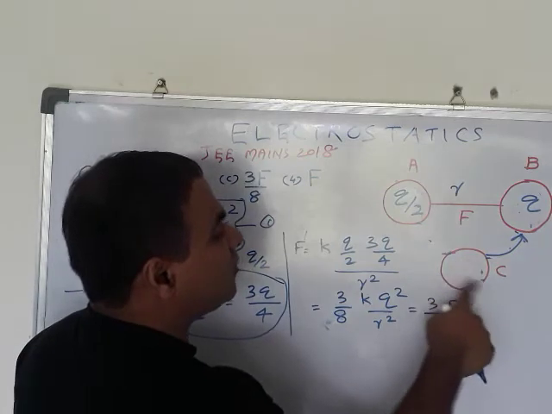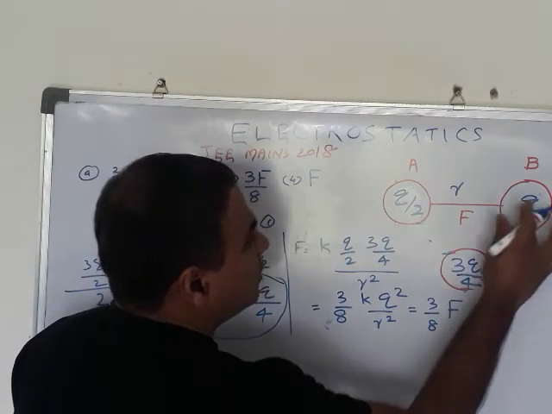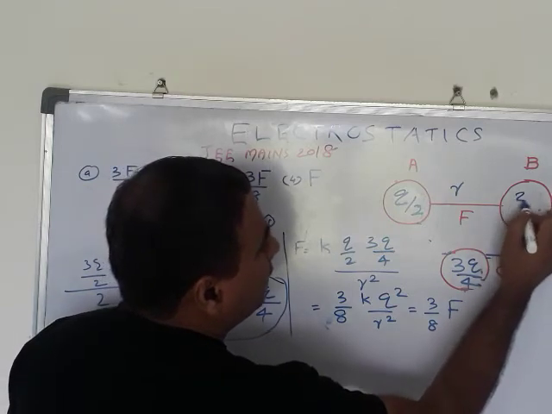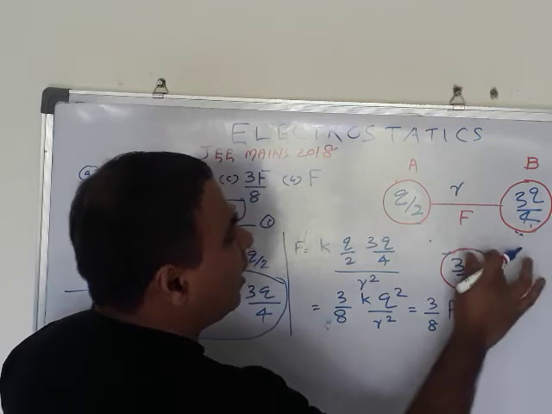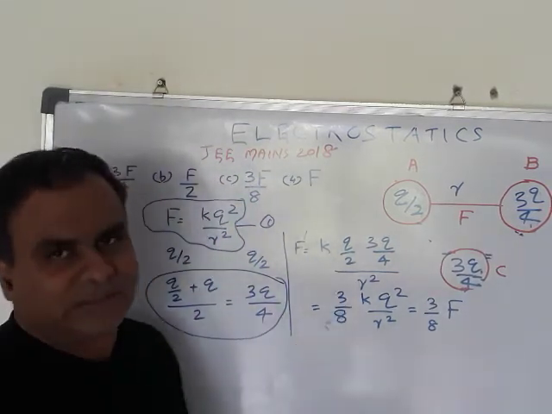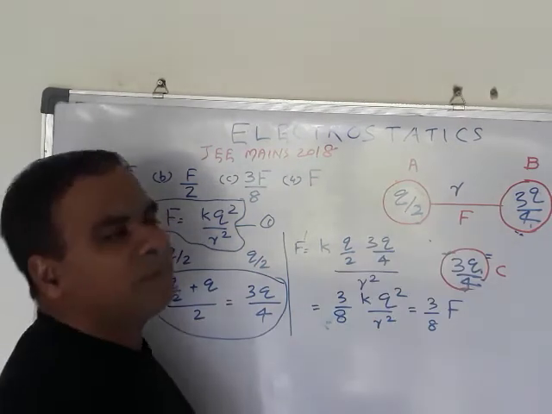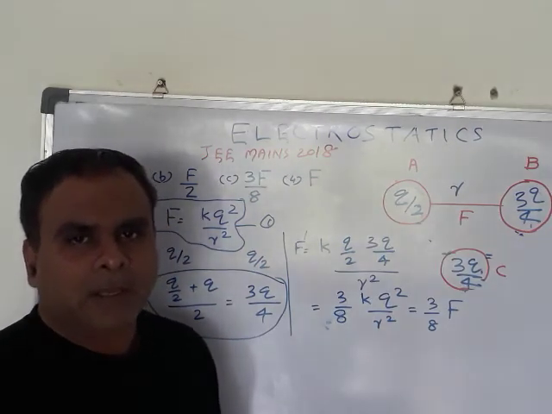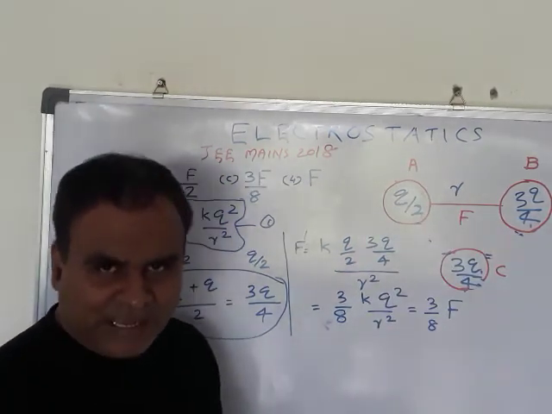So the charge on C becomes 3Q by 4, and the charge on B becomes 3Q by 4. Now we are not thinking of C. Again they are asking, after this process, what is the force between A and B? That's the question. So again we have to calculate the force between A and B.